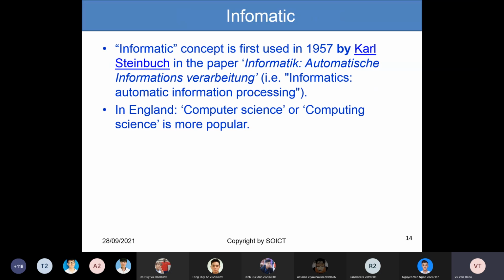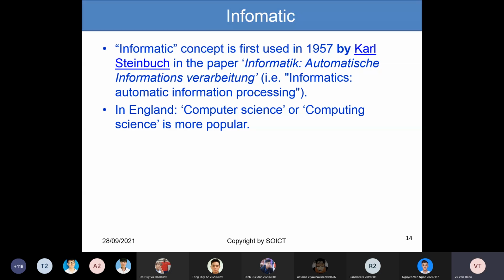First, the concept of informatics was first used in 1957 by Steinbuch, in a paper, Informatics, Automatic Information Processing. So at the beginning, the concept of informatics meant automatic information processing.